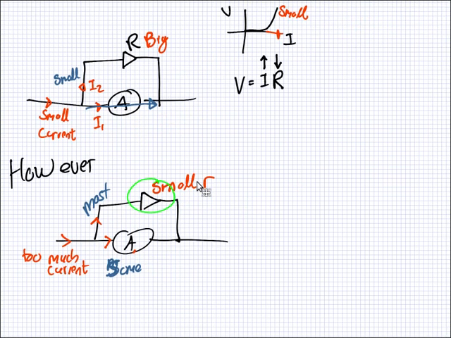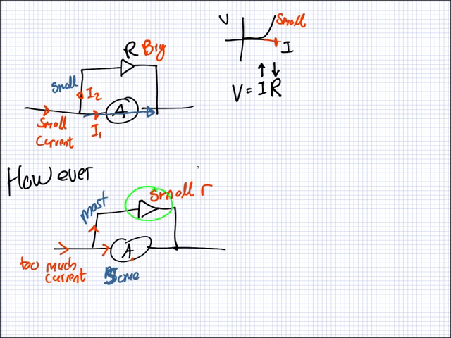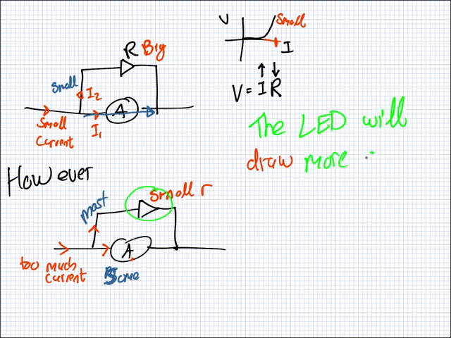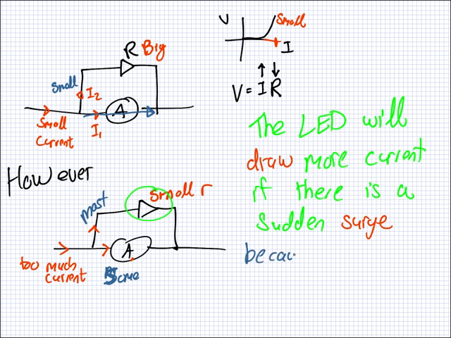So how can we explain this in words as well? Now, you can explain this in pictures if you have clear pictures like here. But I think I would say the LED will draw more current if there is a sudden surge, because of two reasons.